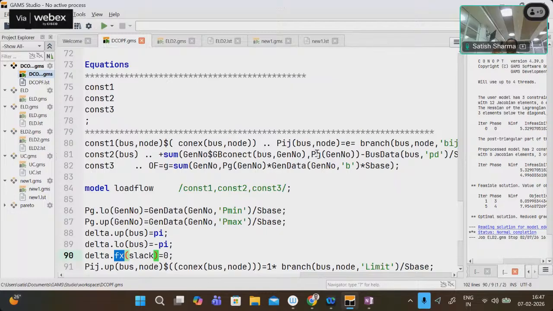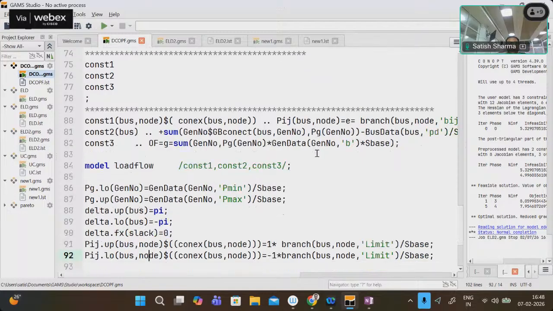So dot up is basically creating an upper value, dot low is creating a lower value on a variable, and fx gives you a fixed value. Okay. So delta is having a fixed value for the slack we have defined. We have defined a slack bus, and that was bus number 1, and we are giving that it should be equal to 0. So this is also defined.